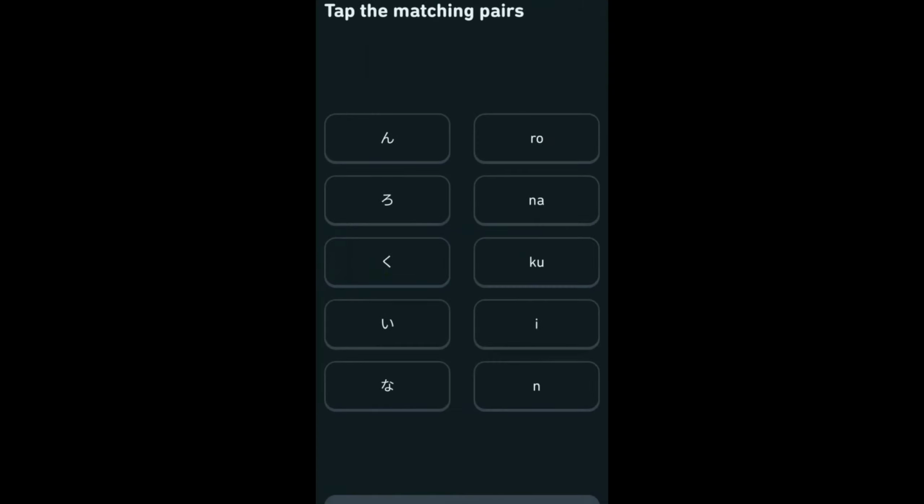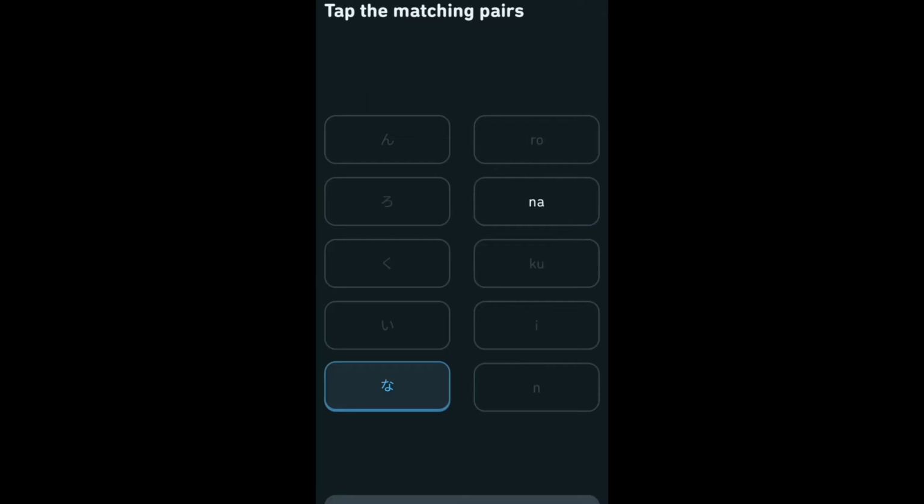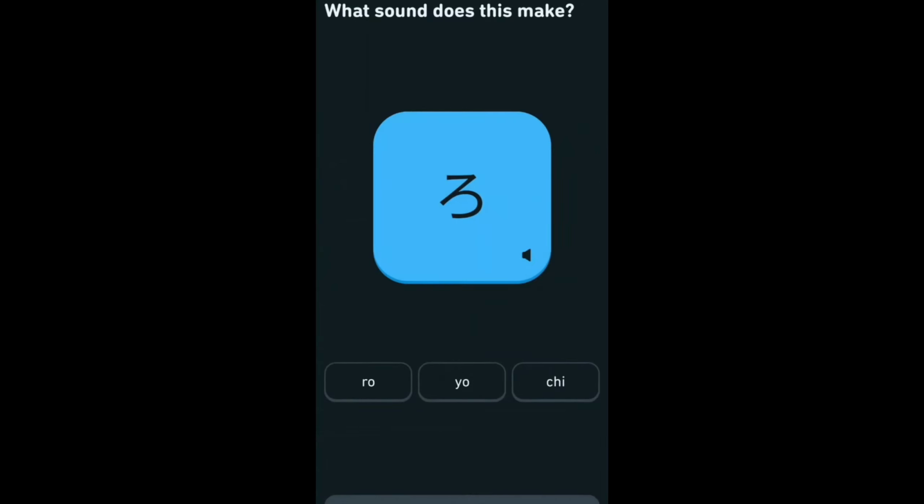So now, I want you to think very carefully. What do you think the first one's going to be? That's right. The second one, ro. The third one is ku. The next one, e. The last one, na. Okay, what is this one? Ro. Well done.